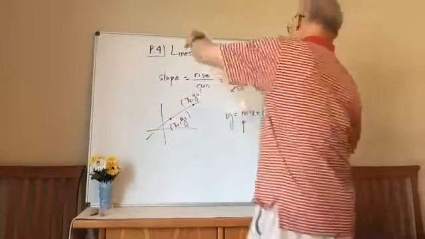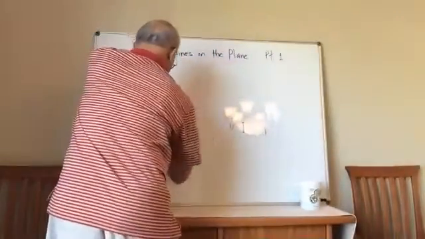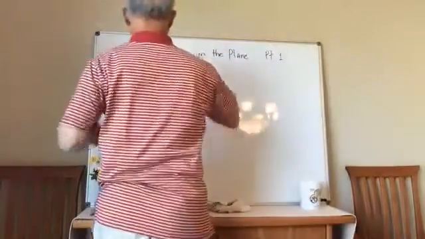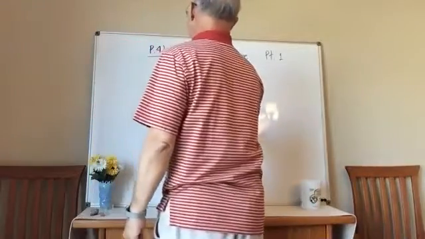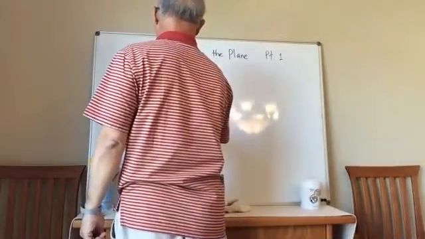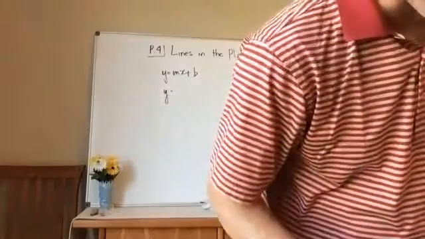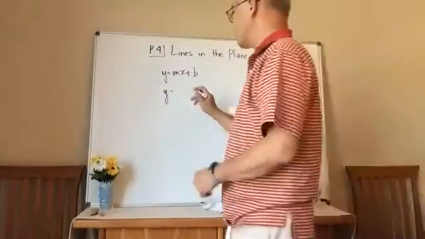Now there are 2 other forms that we are going to talk about today. First one being the point-slope form. We just did the slope-intercept form. The other one is the point-slope form, and if you look at page 29 in the middle, there's a blue box that shows the equation.